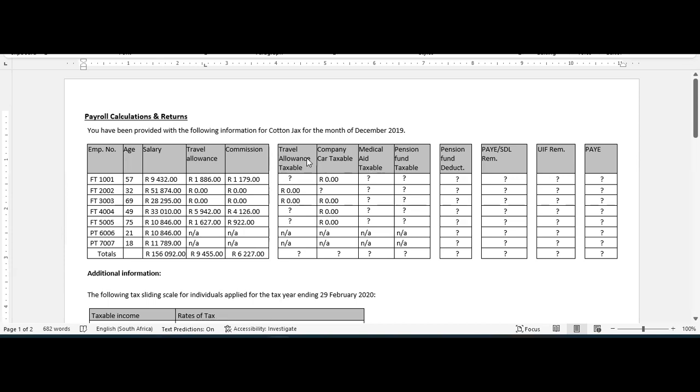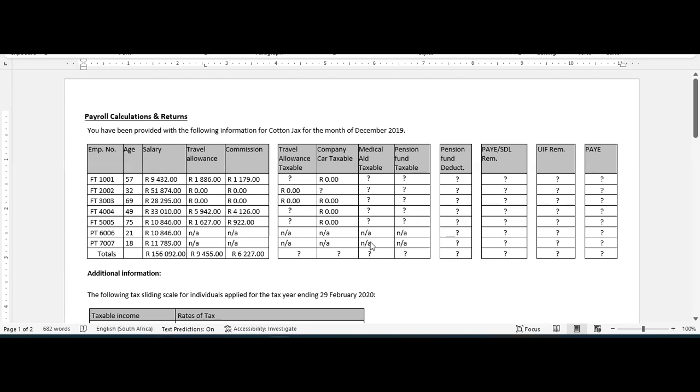Okay, and then you get the rest of the table where they ask you about the travel allowance, the use of the company car, the medical aid, the pension fund deduction, what is the pay-as-you-earn remuneration, what's the UIF remuneration, and finally, what is the pay-as-you-earn that each one of these employees must pay.